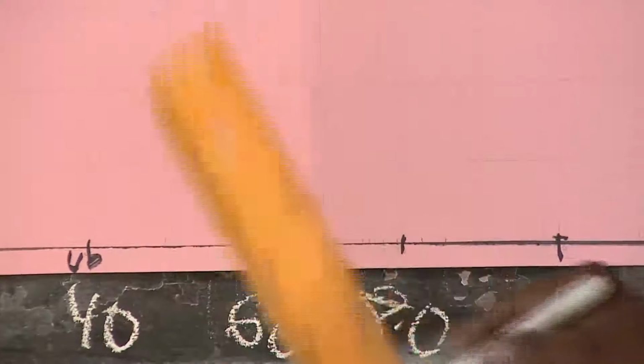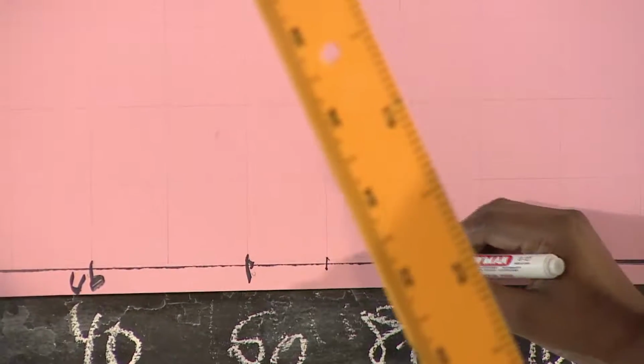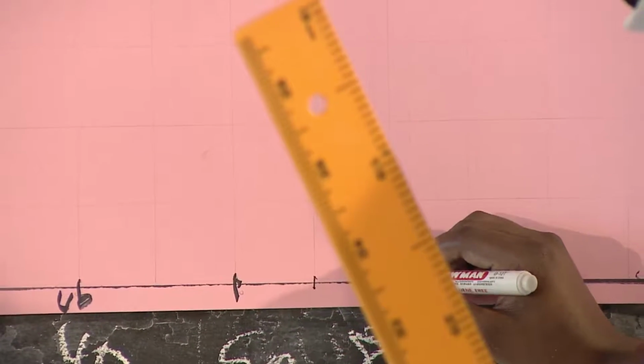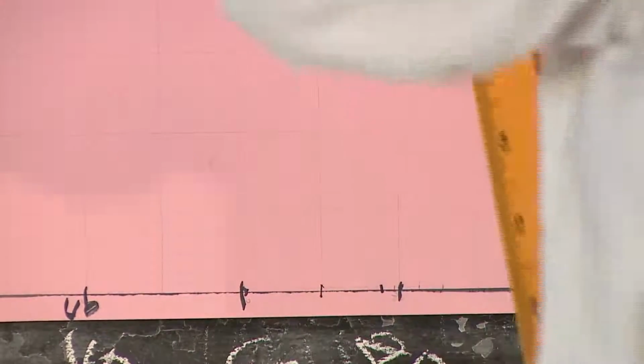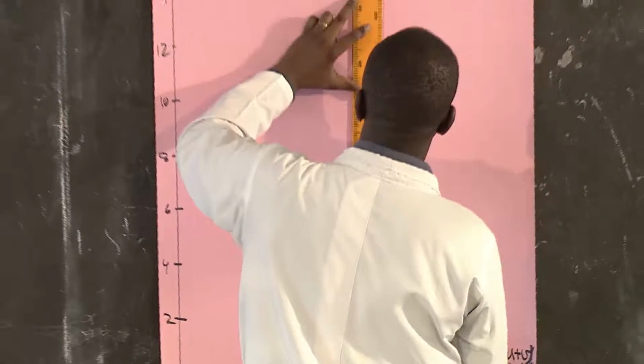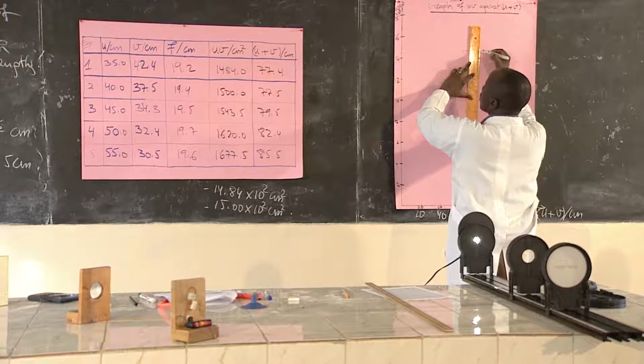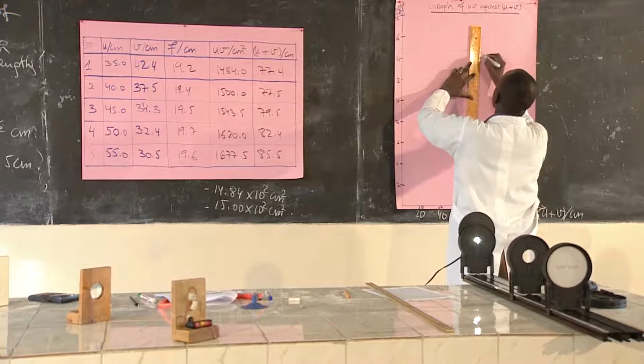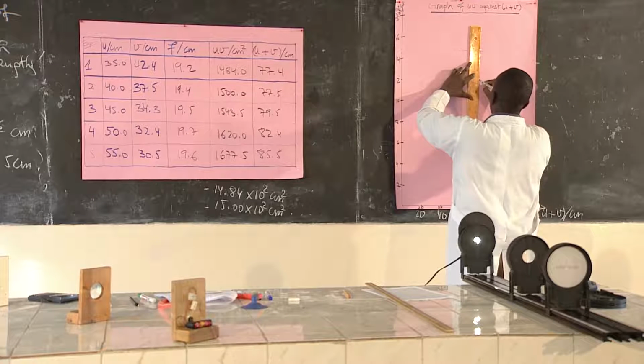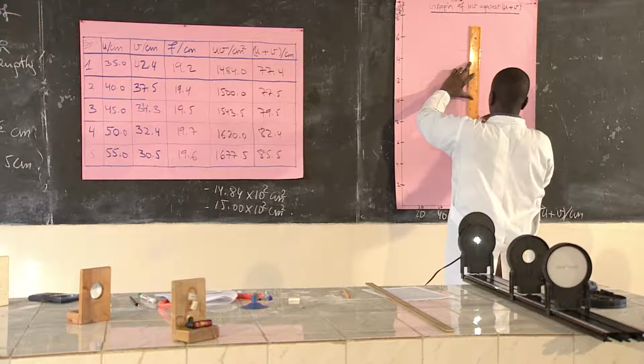Then 77.4. Then I have that. This is okay. Then it is going out to be here.